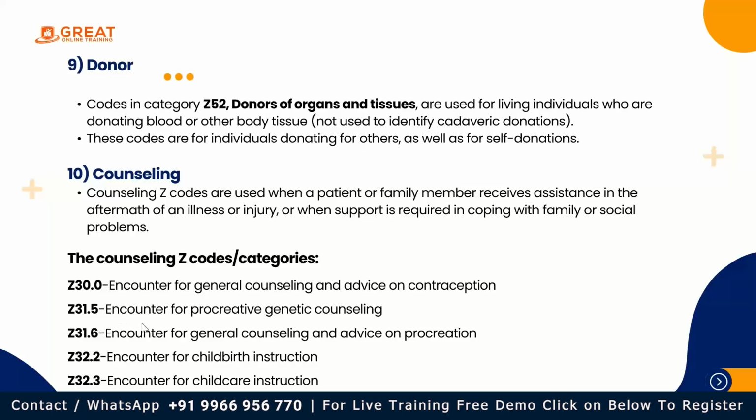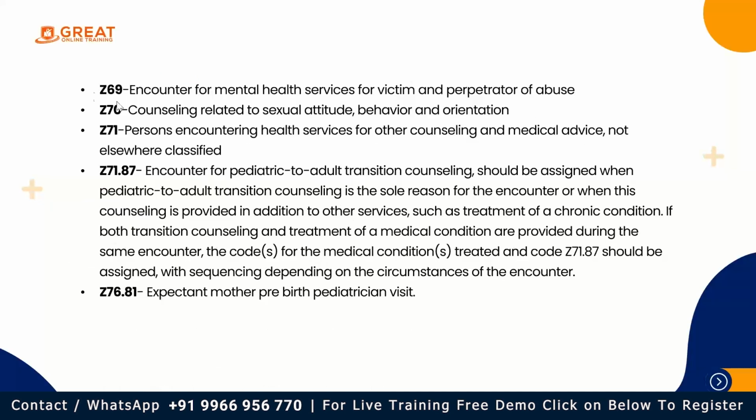Then Z31.5, encounter for procreative genetic counseling. Z32.3 is for encounter for childcare instruction. Z69, encounter for mental health services for victim or perpetrator of abuse. Z71, persons encountering health services for other counseling and medical advice, not elsewhere classified.